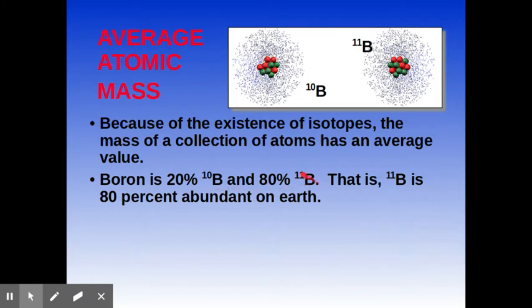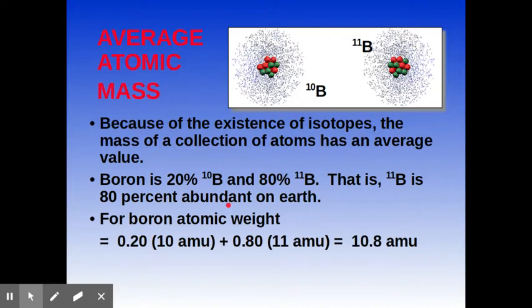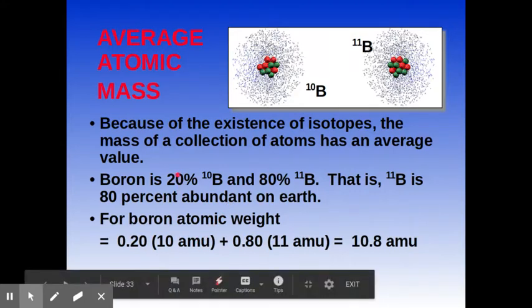So we can't just put 10 or 11 as the mass on the periodic table. We have to represent the fact that 80% of the sample is going to be boron 11 and 20% is going to be boron 10. So we do that by getting an average atomic weight. So we take the percentage, and we've just turned the percentage into 0.2. So 20 becomes 0.2. How do I do that? Just divide by 100. Multiply that by the mass. So 20% times 10.